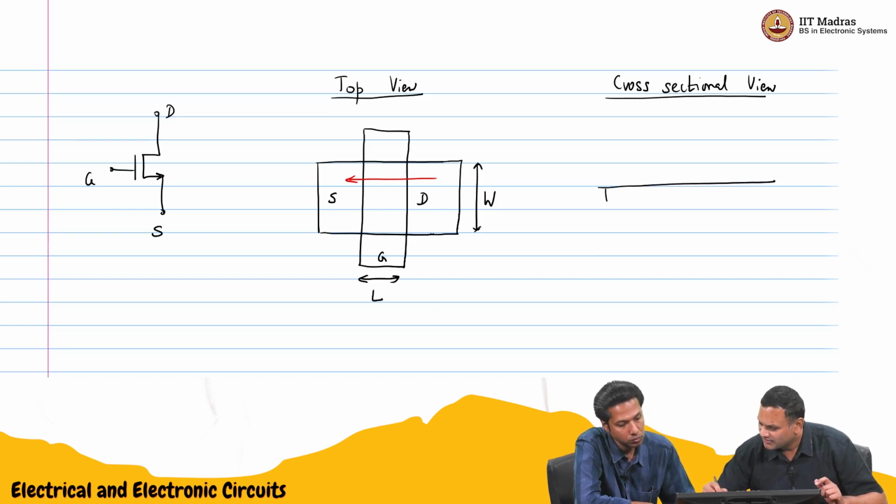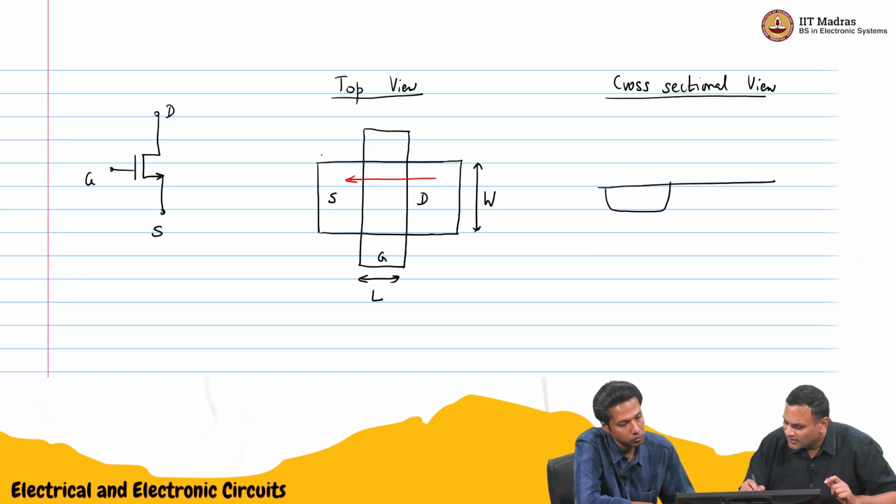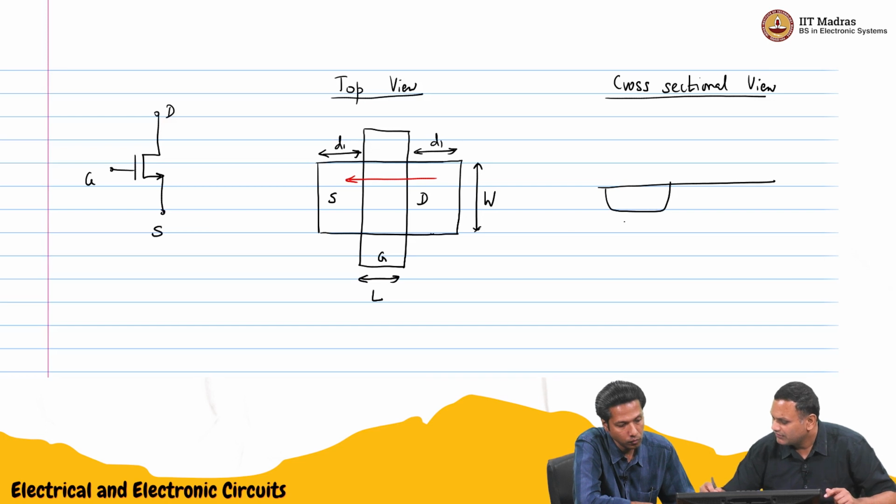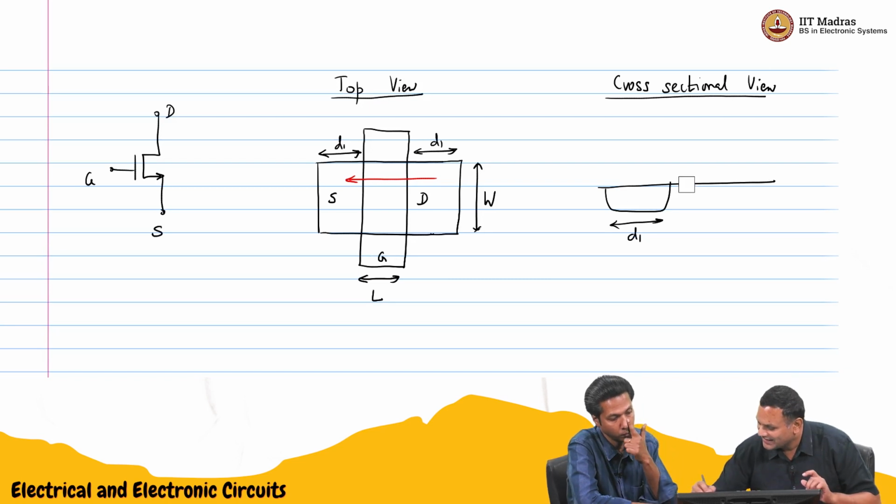This is some dimension, we'll call it D1, and this is also D1, let us say symmetric. That will be this dimension here, D1, and I have the length of the channel.